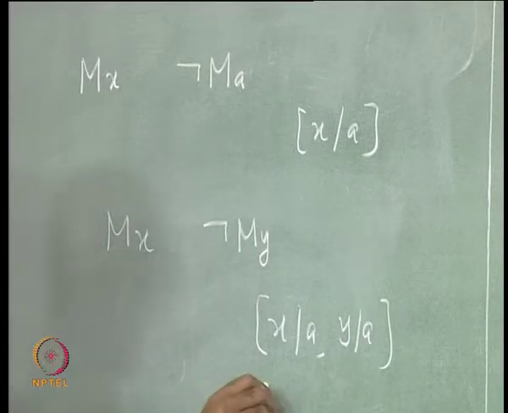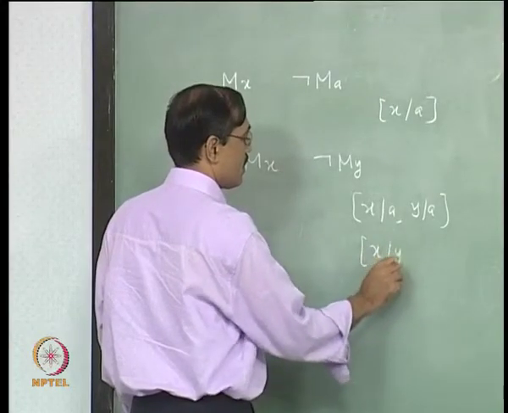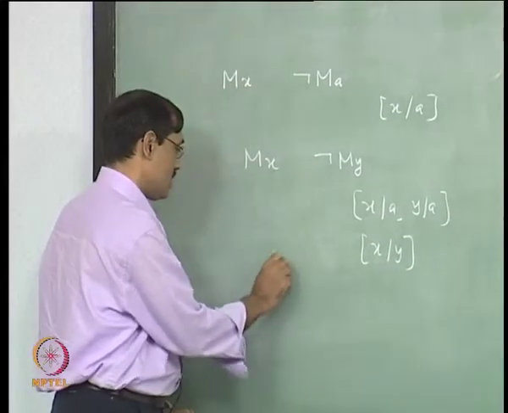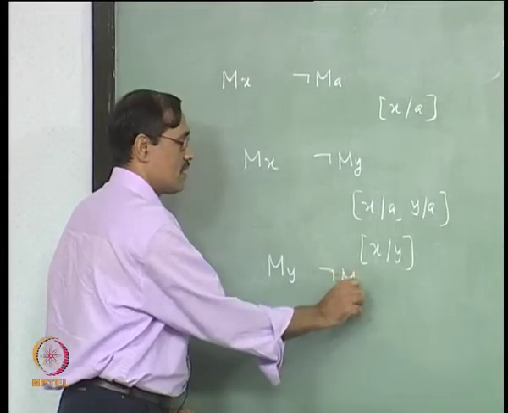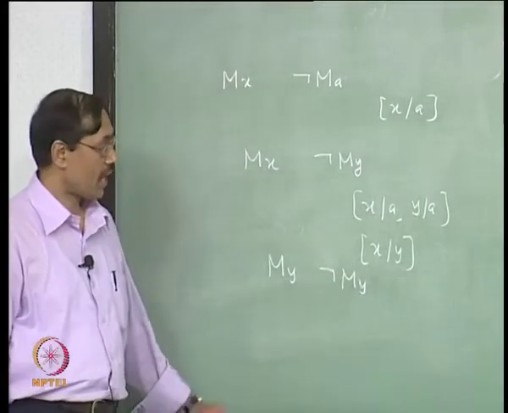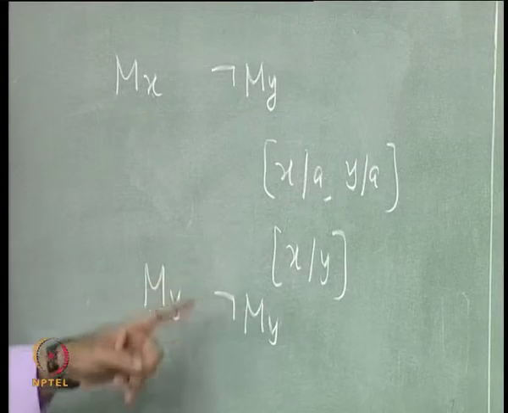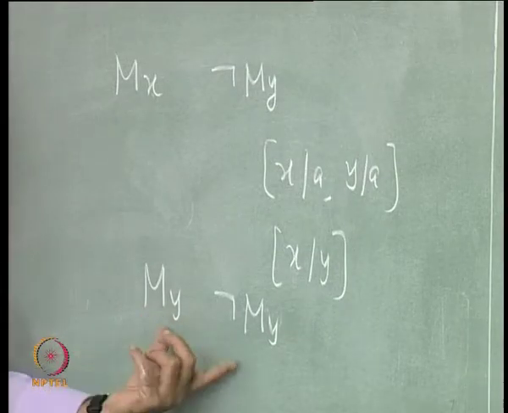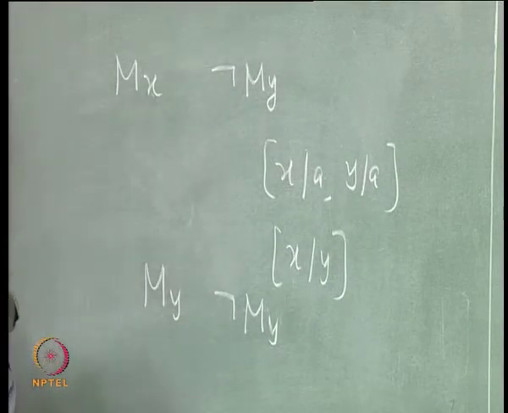But then there is one more, I can say x by y, with which I will get M y here, not M y here, and they can also resolve. But I would prefer this, because by this I can have a free variable, and whatever conclusion I get from this can be used later.